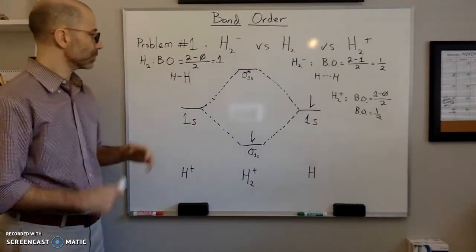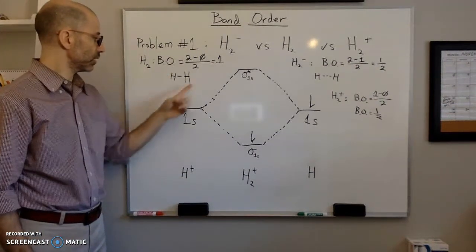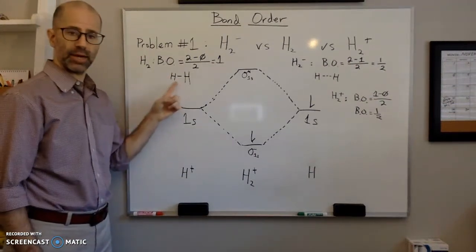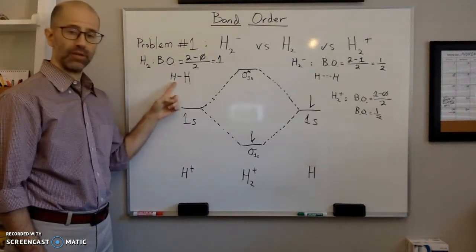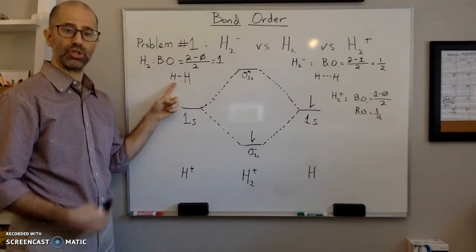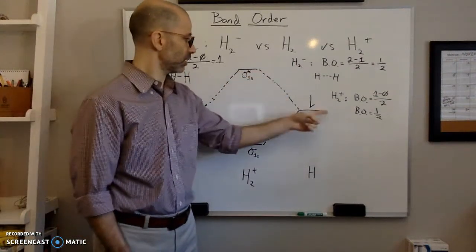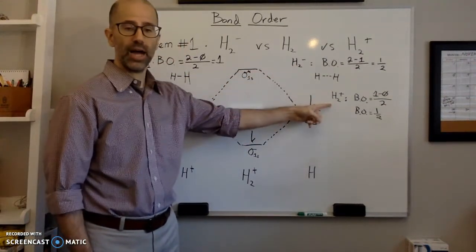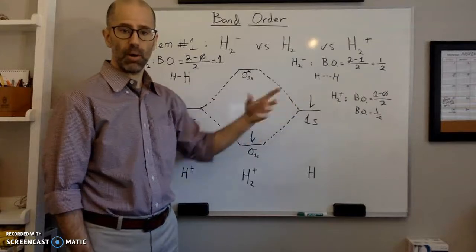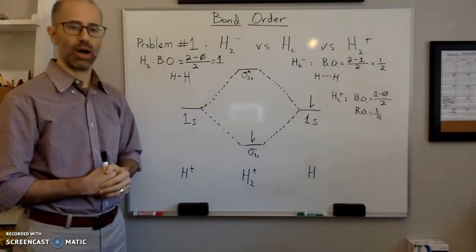And so given the bond order, we would then be able to determine that H2 is going to be more stable, the bond is going to be stronger, and the bond is going to be shorter compared to either of these. Either of these only has 1/2 a bond, or a bond order of 1/2, meaning that it's not as strong of a bond.